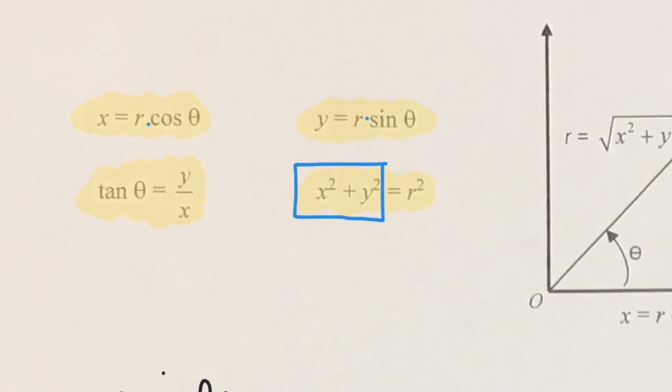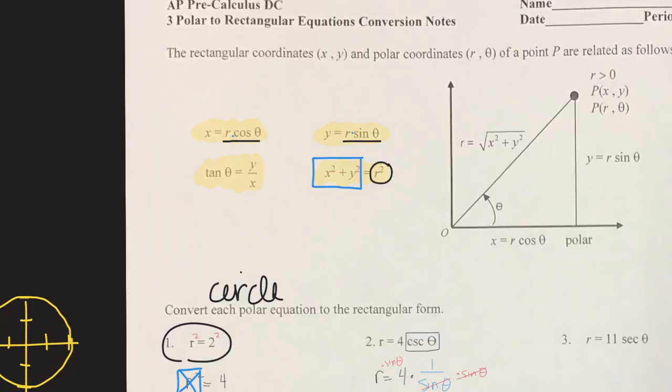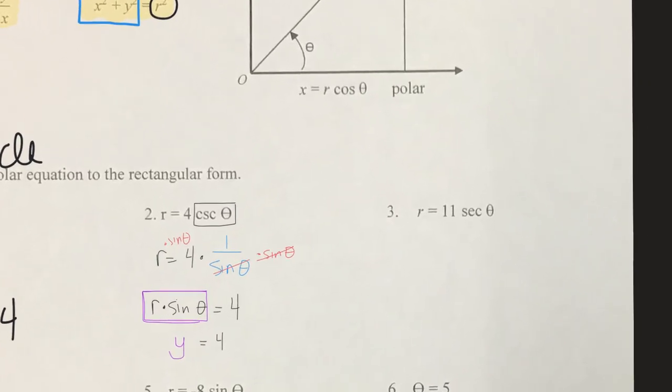So we want to make an r squared, because we can replace r squared with x squared plus y squared. We can make an r cosine theta, we can replace that with x, or we can make an r sine theta, we can replace that with y. Okay, so this is some manipulation so that we can substitute.